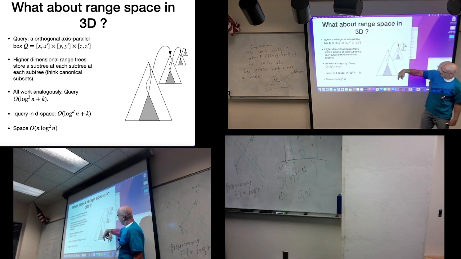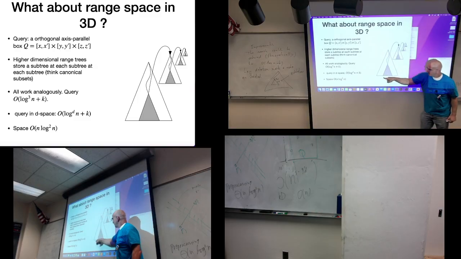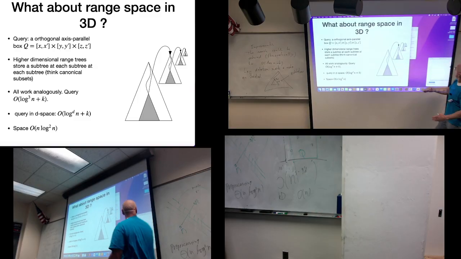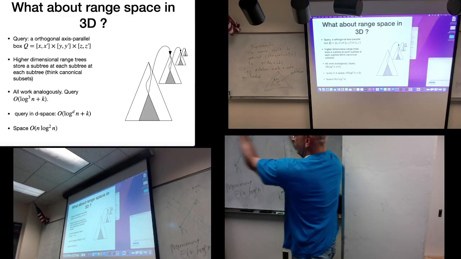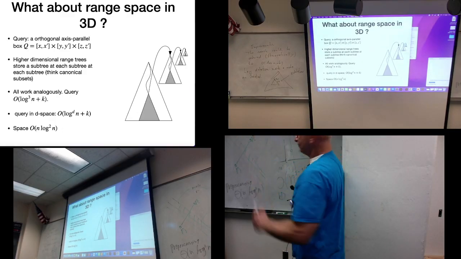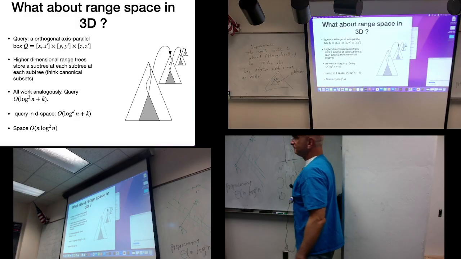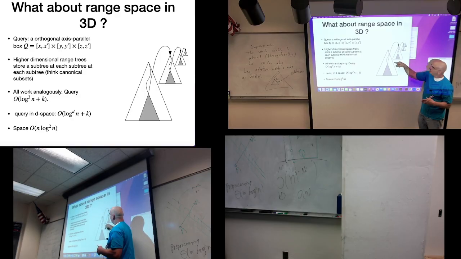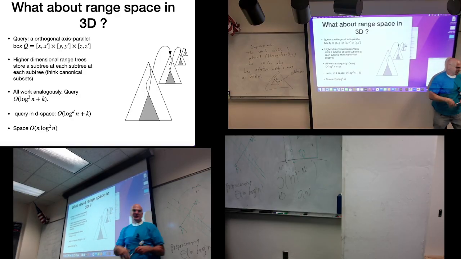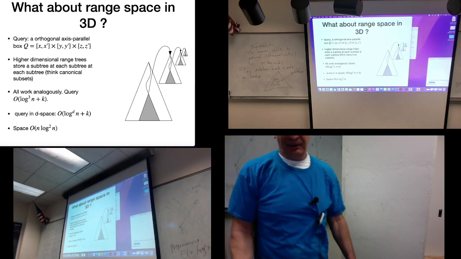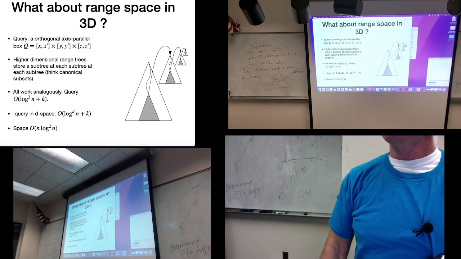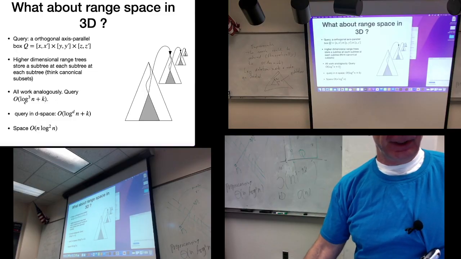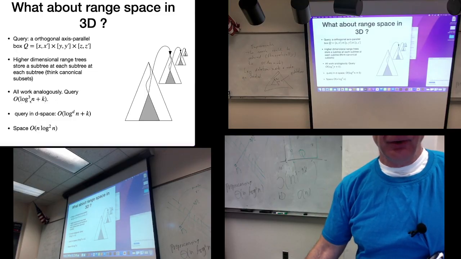Axis parallel: I have an interval in x, so I'll use my main tree to find all the points in the 3D slab, all the x's between x1 and x2, which in turn points to another tree that is built on all the y's that are okay in terms of x. Now I need to search for y, which in turn points to another tree built on all the points that are relevant for z. So in 3D, the search will be log cube of n.